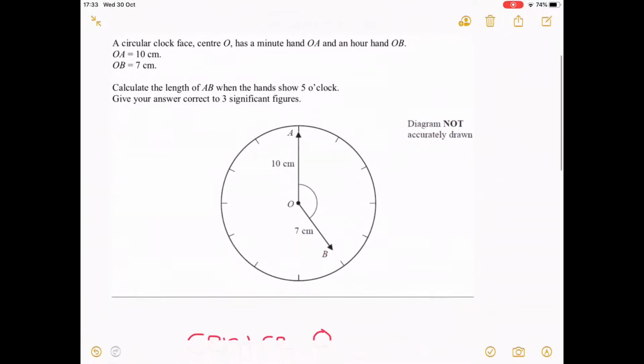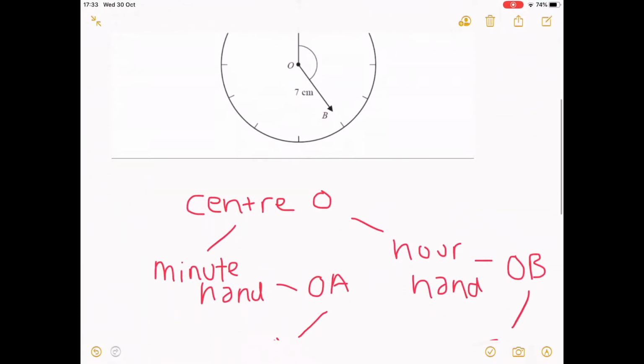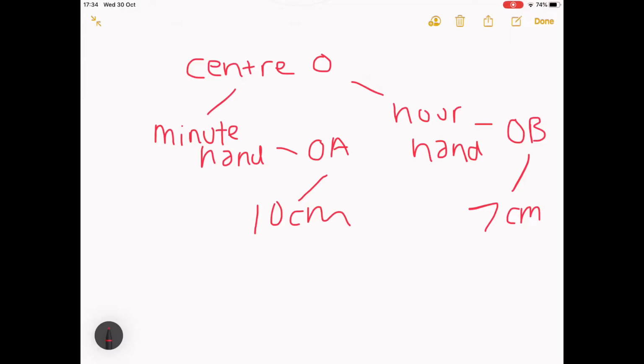Calculate the length of AB when the hands both show 5 o'clock.